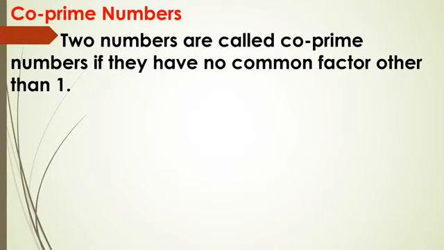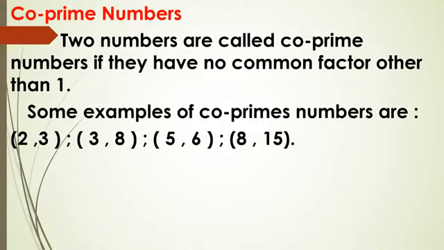See some examples. 2 and 3. If you find their common factors, you will see that the common factor is only 1. And if the common factor is only 1, then these numbers are co-prime numbers. You can check the other examples also by finding their common factors.